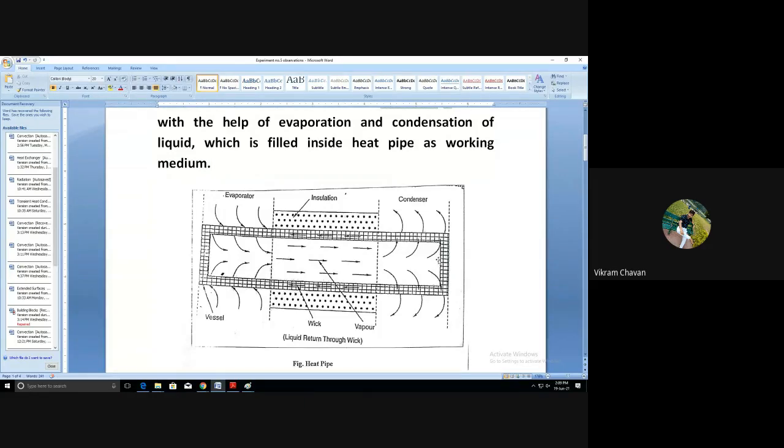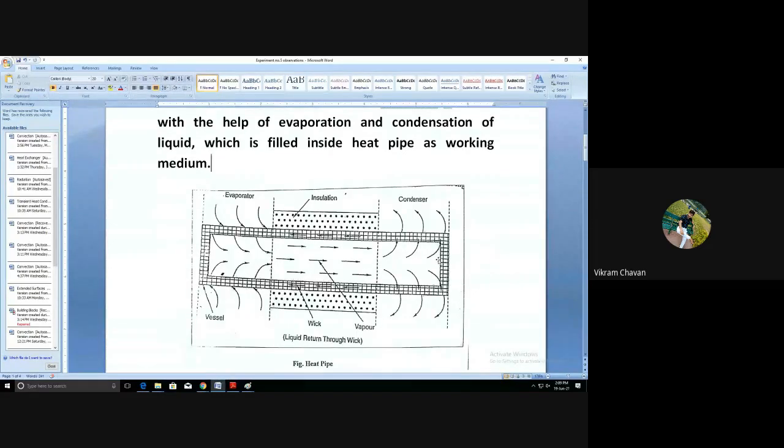The heat pipe is always sealed at both ends so that it is isolated from the external environment.